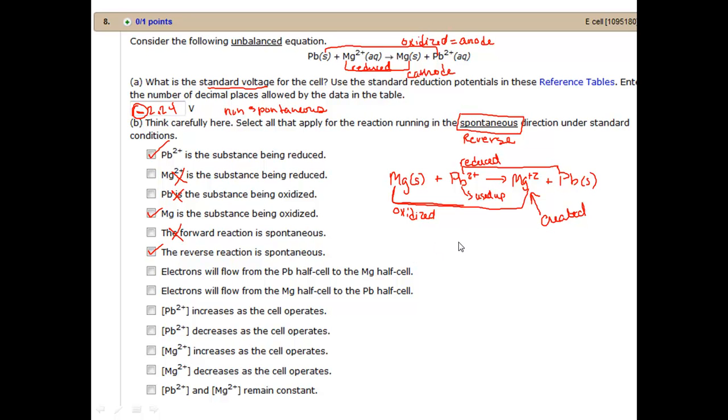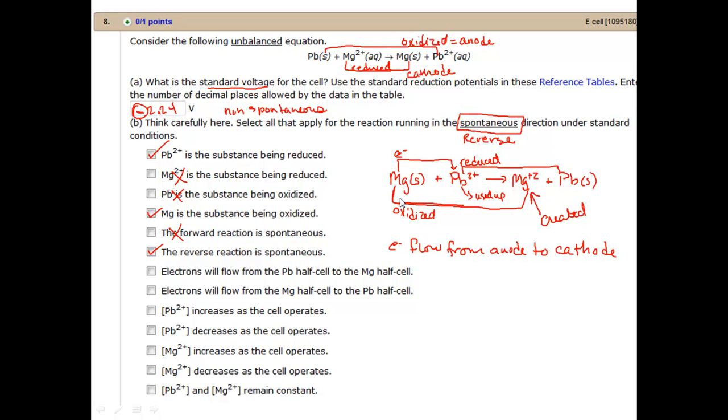Electrons flow from anode to cathode. And that's because oxidation happens to the magnesium and flows over to the lead.